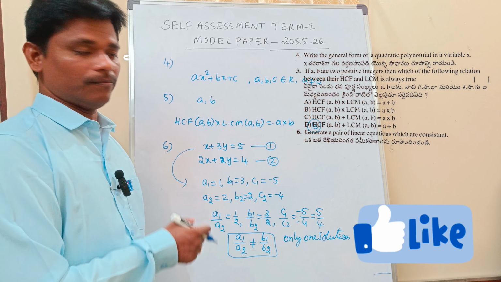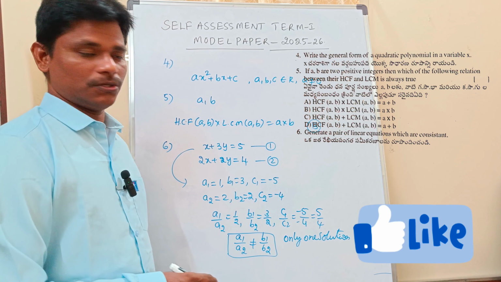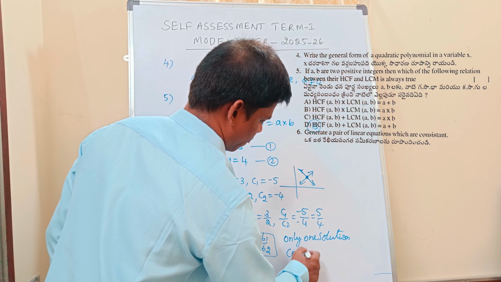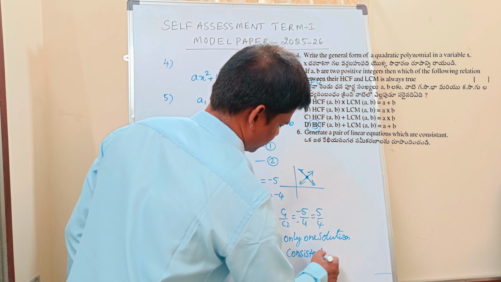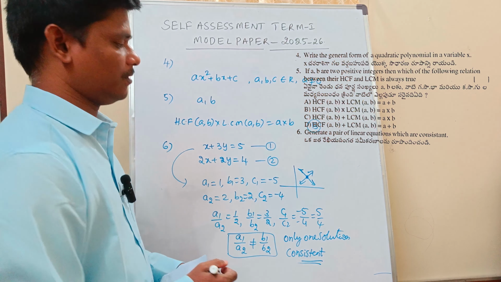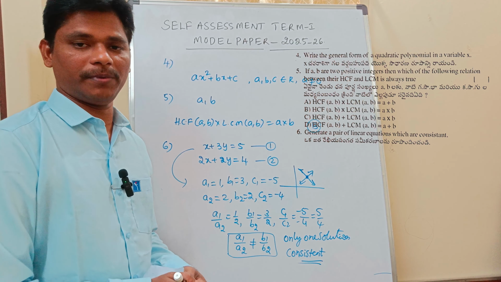Suppose this is the x-axis and y-axis, and the two lines intersect like this. So one point, and this is consistent. Consistent means having solutions. So this is our answer.